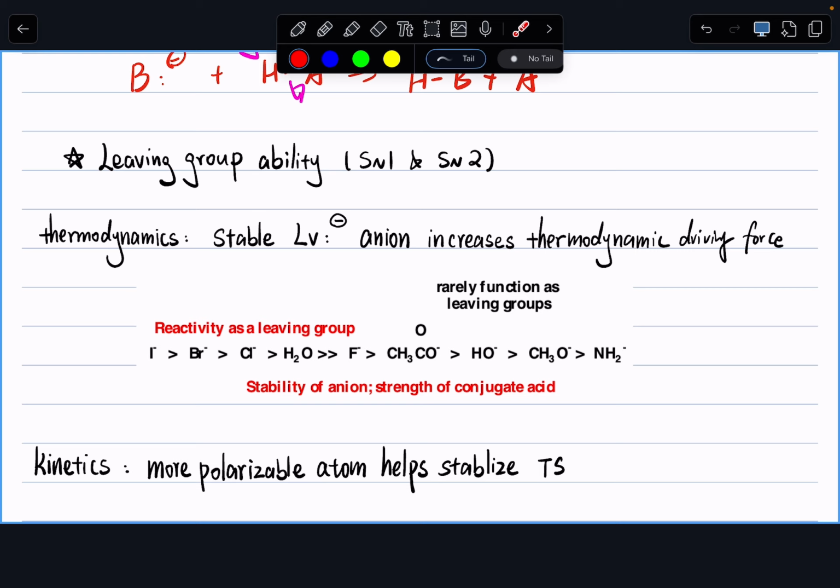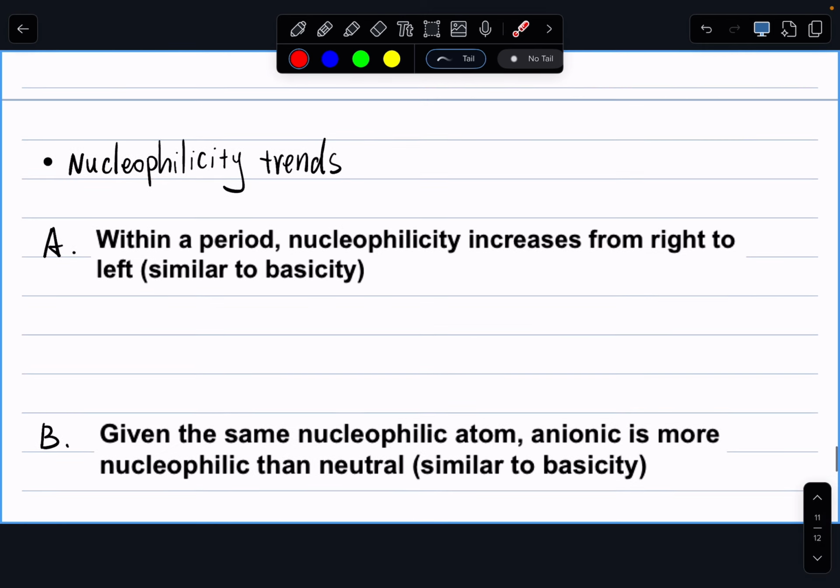So the conjugate base of a strong acid will likely be a good leaving group. That's why iodine is a better leaving group than bromine, than chlorine, than fluorine. And at the very end, the nucleophilicity trend basically correlates to the trend of our basicity.